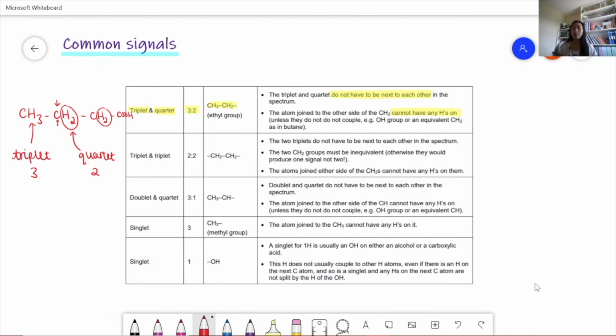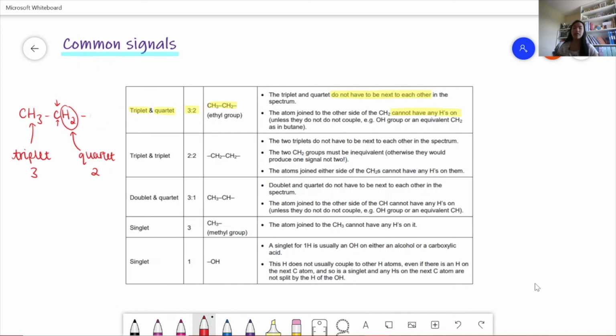It would be a multiplet because we have three hydrogens on the left adjacent carbon, and on the right adjacent carbon we have two hydrogens. And so that's why we can't have anything with a hydrogen on it on the right.